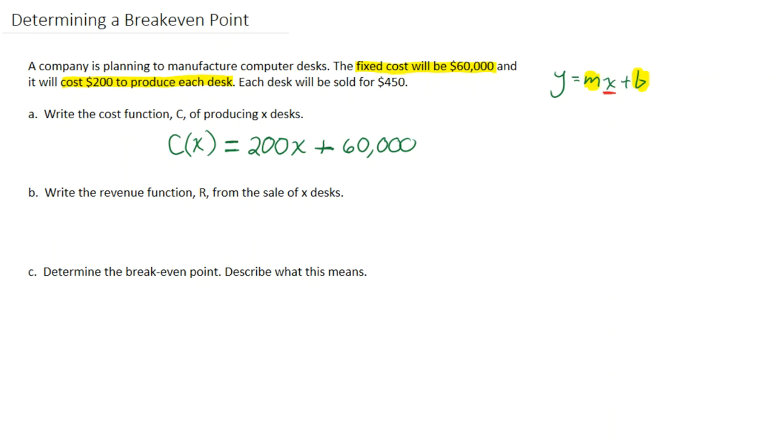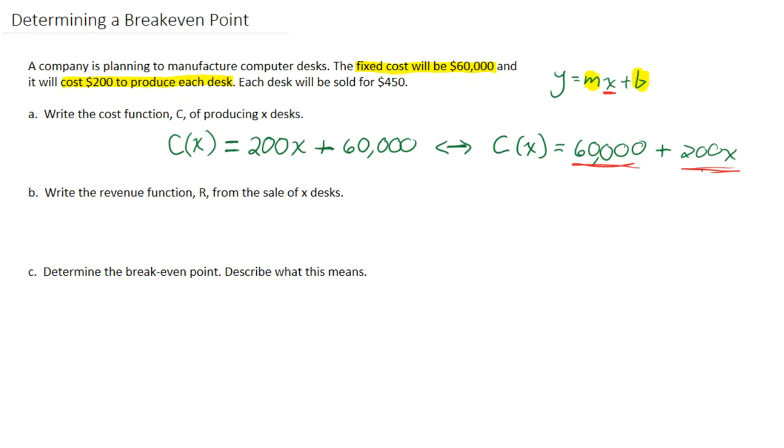Now, just to kind of help you see the scenario better, this is writing it in the mx plus b form because that's the form that's given, but the story falls more in line with the equation being written as 60,000 plus 200x. In other words, I have $60,000 that I have to pay no matter what, and then I have this cost of $200 that goes up for each disk.